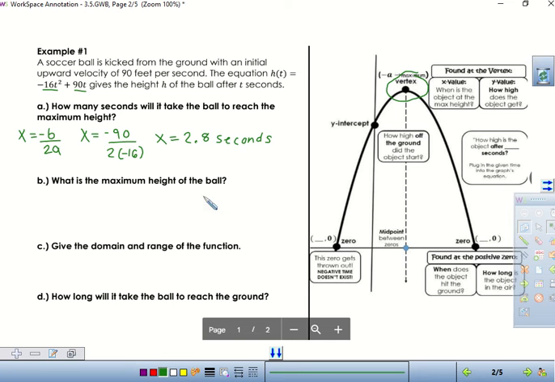Okay. So what is the maximum height of the ball? So we found the time that the maximum height occurs. How can we use this to figure out the height? Good. We can find the maximum height by plugging the time in. So we're going to take the equation, and I'm just going to plug the time in for t.